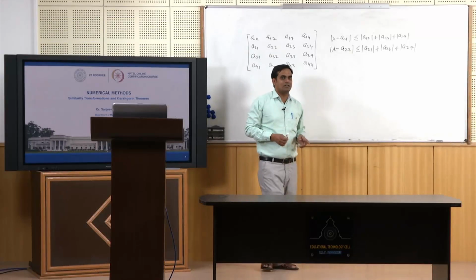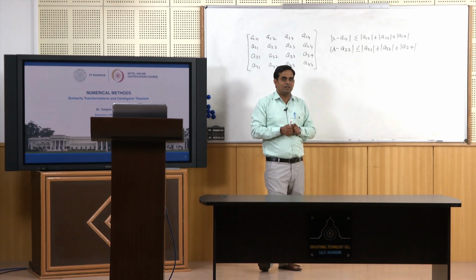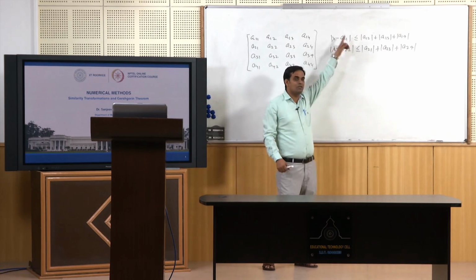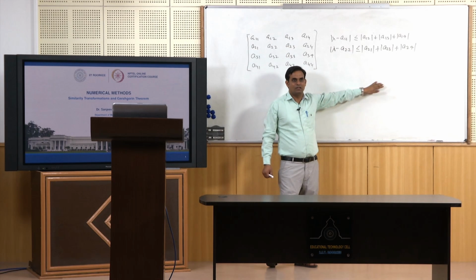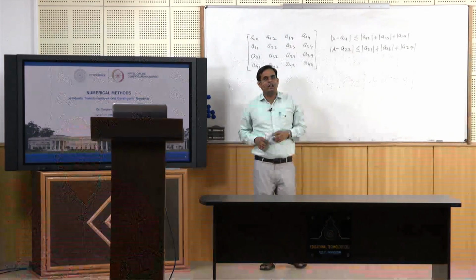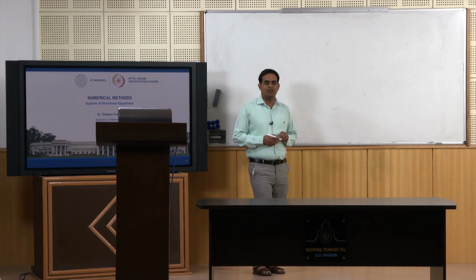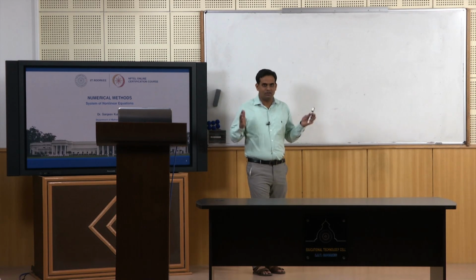And hence the Gershgorin theorem tells us that all the eigenvalues will lie in the union of all the Gershgorin disks corresponding to that particular matrix. Okay, so let us take some examples of Gershgorin disks, to see whether the eigenvalues come inside the union of all disks or not.